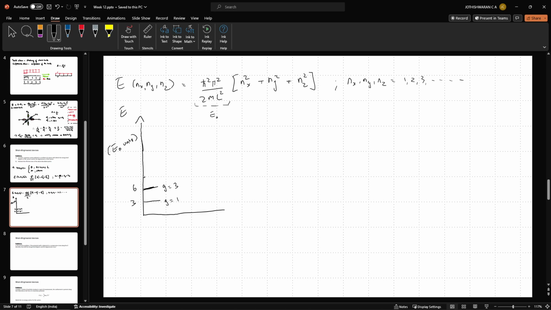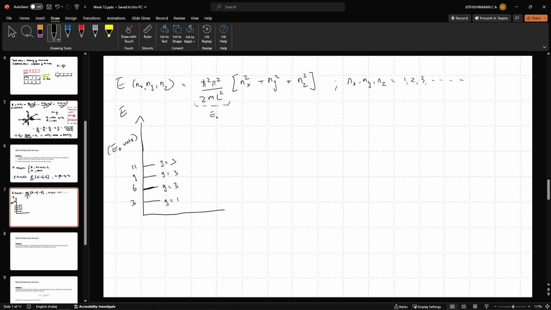That is going to be at 9 E naught, and that again has a degeneracy of 3. Then we are looking at 11 E naught, which is 311. That will also have a degeneracy of 3. So this is at 11, g is equal to 3.